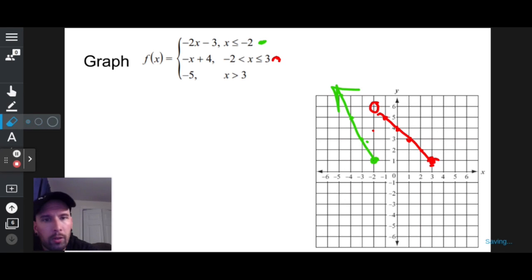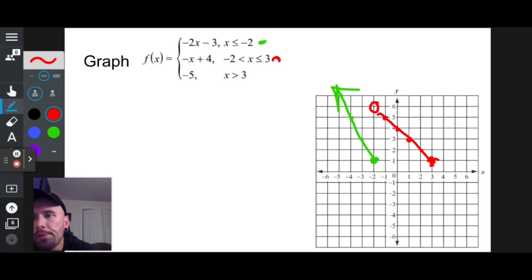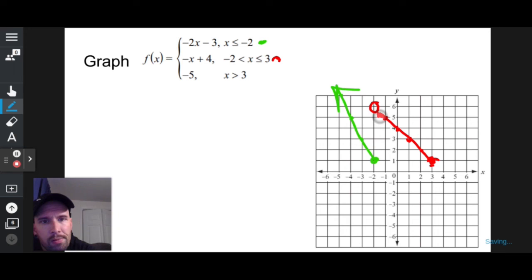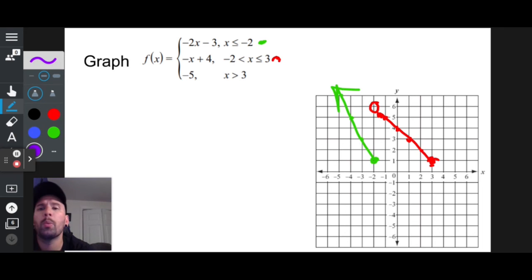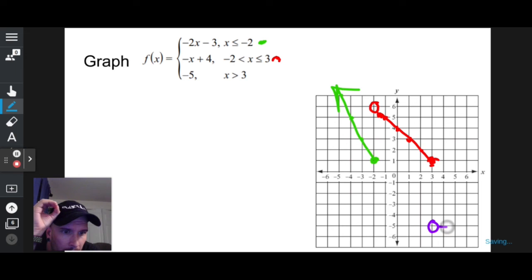Let's get rid of these 2 dots that are just floating around. All right. Just like in the previous problem, when we have just a regular old number, it's a horizontal line going through that number, and I only care about that stuff happening after 3, so it's going to be at negative 5, but after 3, and it is horizontal.